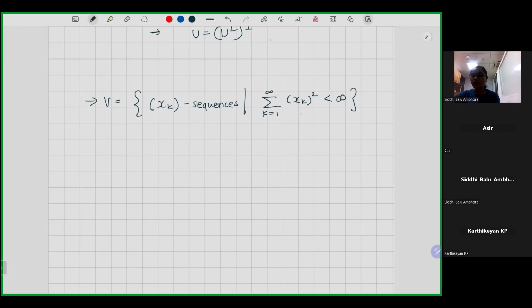Why? Because when you add these two things, and here the inner product will be summation of x_k comma y_k, which is summation k from 1 to infinity of x_k y_k. Okay, this is the inner product.